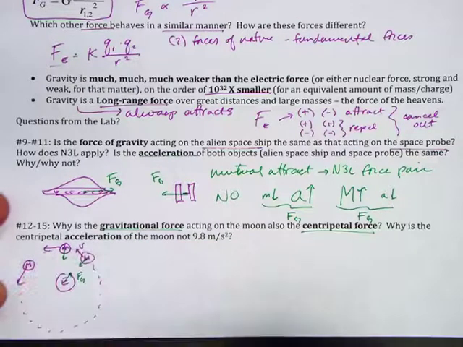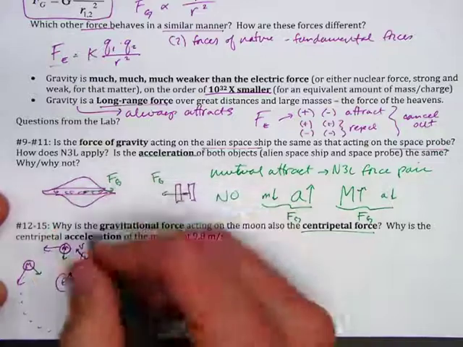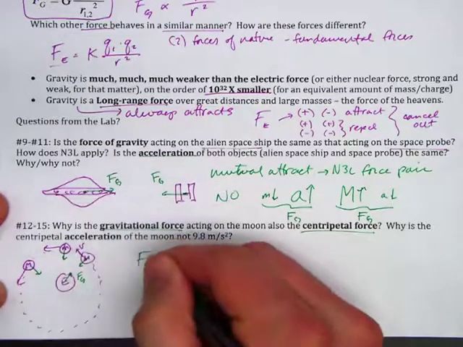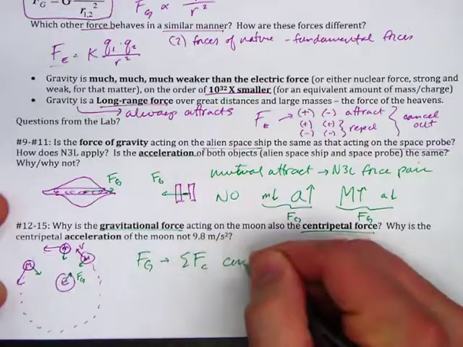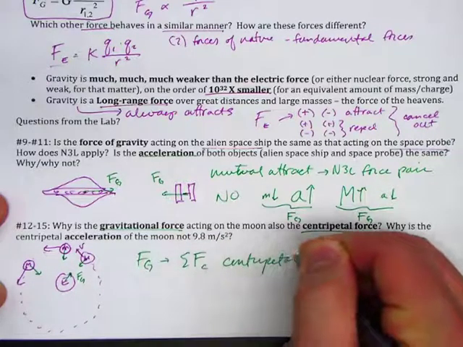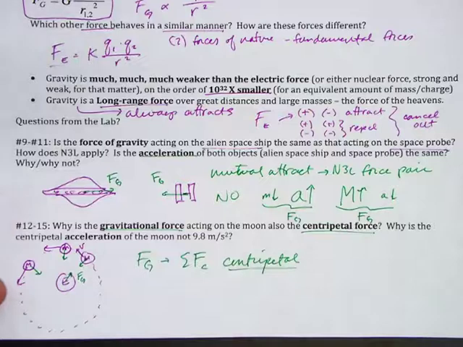So because of this, this force of gravity becomes a centripetal force. So because the moon is orbiting in a circle, this force of gravity is pulling it constantly back towards the Earth, generating this centripetal force.